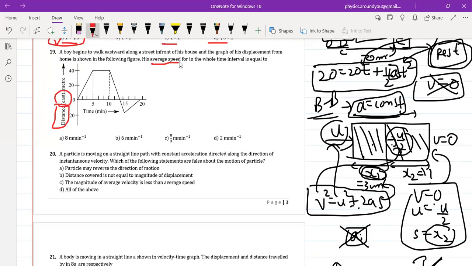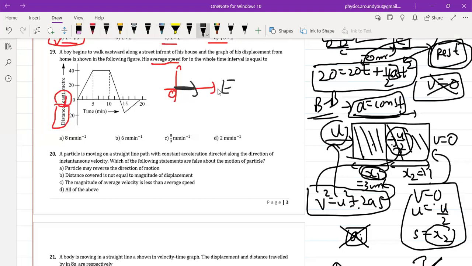So here we think average speed and they have weirdly mentioned distance east. You see, if I say initially the boy's home is at this point, the reference is always given in the east direction, which is this.